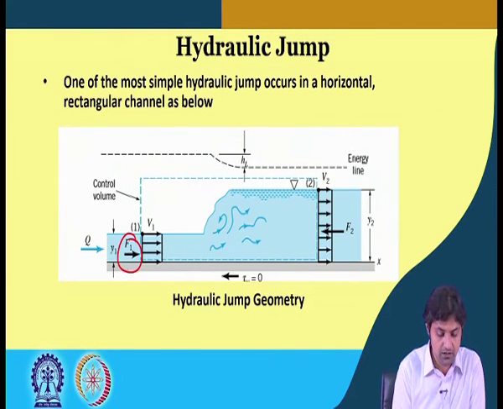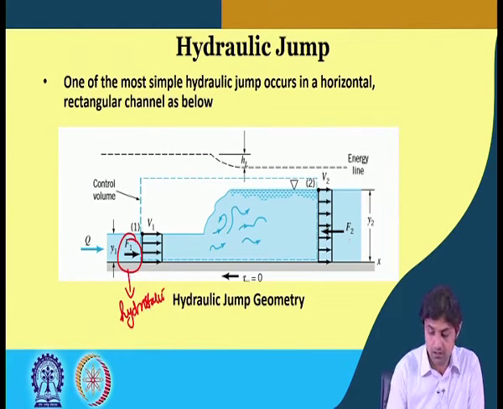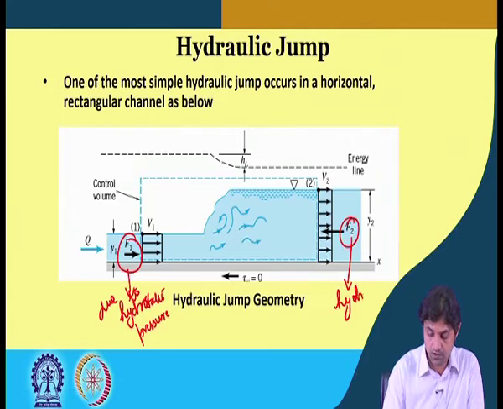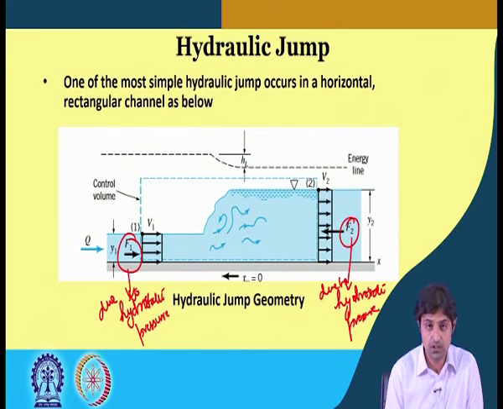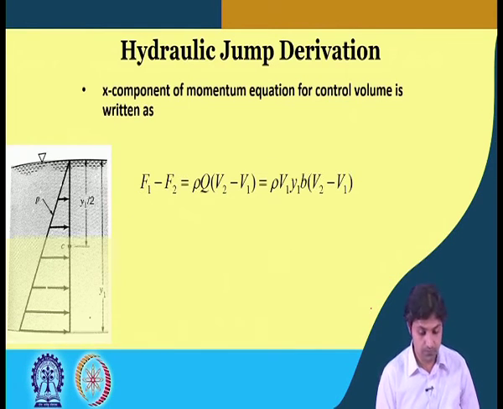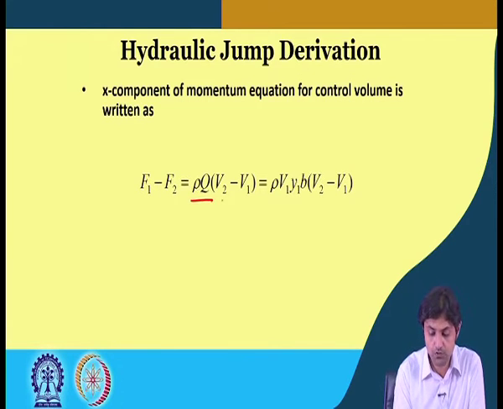This pressure force F1, and this is also due to hydrostatic pressure. Okay. So, F1 minus F2 will be rho Q, the flow rate, into V2 minus V1.